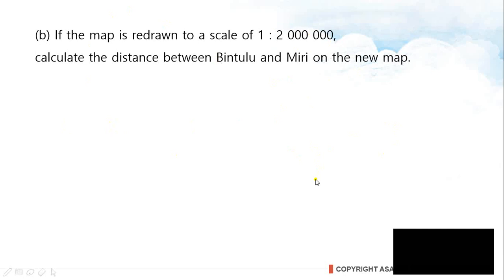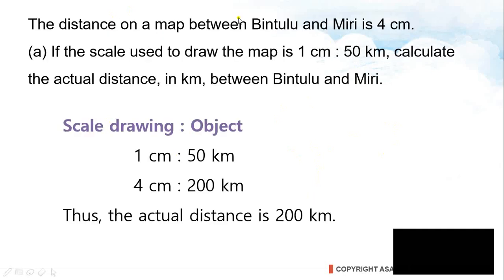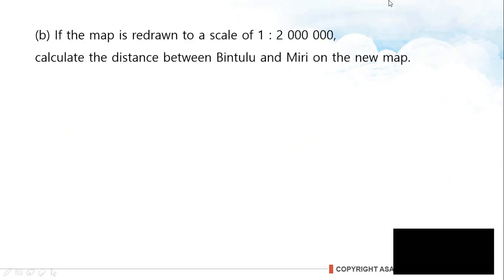Just now the map used 1 cm to 50 kilometers. Now we want to redraw to the scale 1:2 million. 2 million here means 2 million cm. 1 cm on the map equals 2 million cm in actual. So this is our scale.